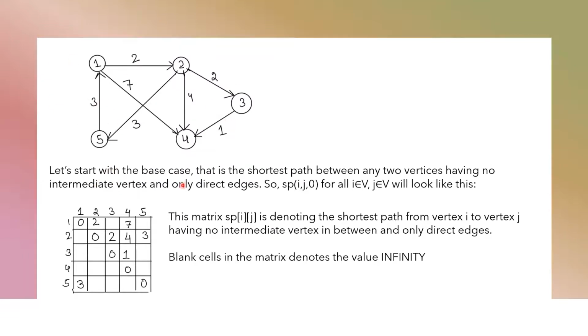This is the base case. Between any two vertices there is no intermediate vertex, and we only have direct edges. Here sp ij of 0 will look like this. This is the matrix that would be constructed, and we'll analyze how it's constructed. The matrix sp ij of 0 denotes the shortest path from vertex i to j with no intermediate vertex, because it's only direct edges, and blank cells represent infinity here.